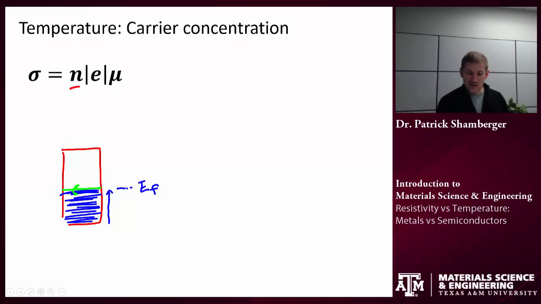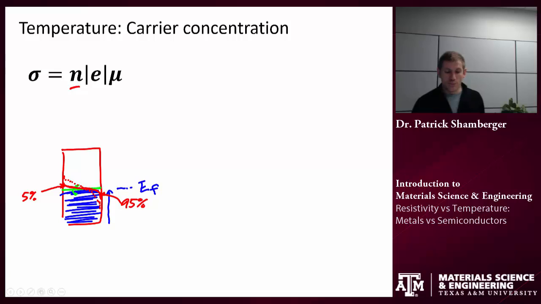Any temperature greater than 0 K, I'm going to have some sort of distribution. And it'll look something like this. So this is a probability distribution of occupation of these different energy levels. So at some energy a little bit below the Fermi level, maybe I have a 95% chance of occupying it. At some energy a little bit above, maybe I have a 5% chance of occupying it. The larger the temperature is, the more smeared out this distribution becomes.